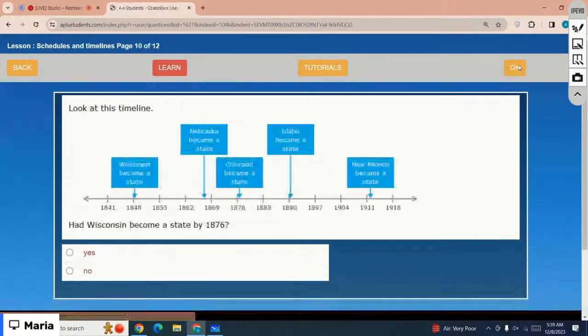Okay, the next one. Look at this timeline. Had Wisconsin become a state by 1876, which is the correct option?